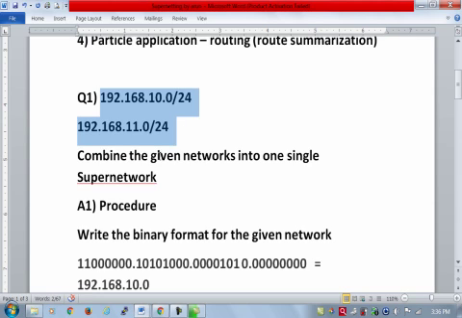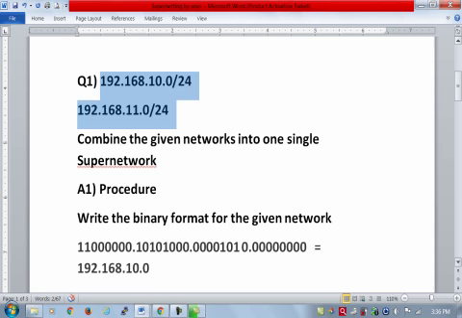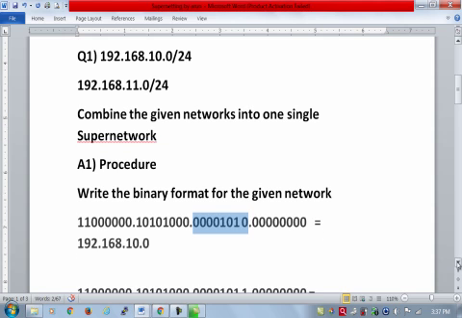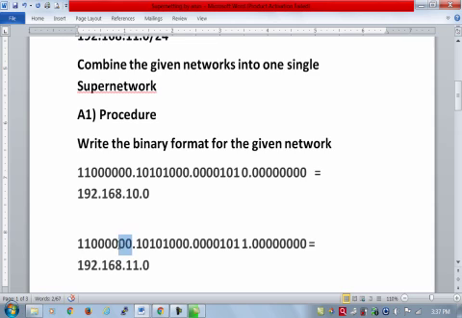The theoretical procedure: the first step is that you have to write the binary representation of the networks. So I have written the binary representation of 192.168.10.0, and again 192.168.11.0.